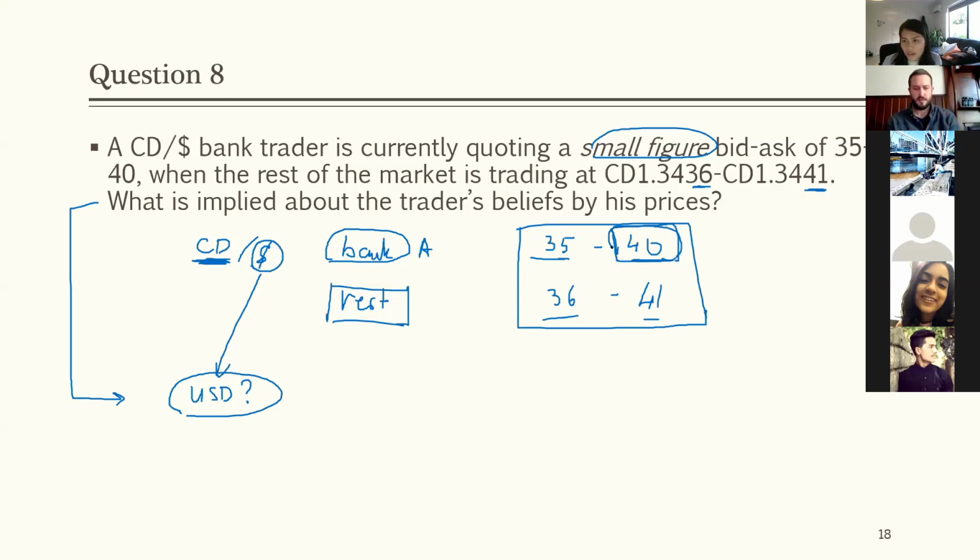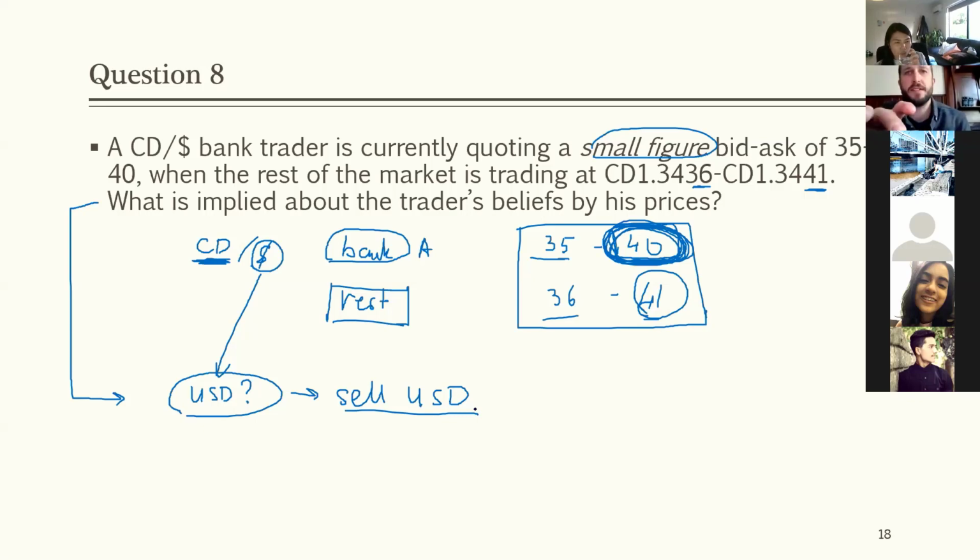Yeah, exactly. So they're trying to attract more buyers, right? Because they're trying to sell. So their sale price here is a bit more attractive relative to the market. So they're trying to dump the USD inventory, right? You only dump something if you think the value is going to decrease.